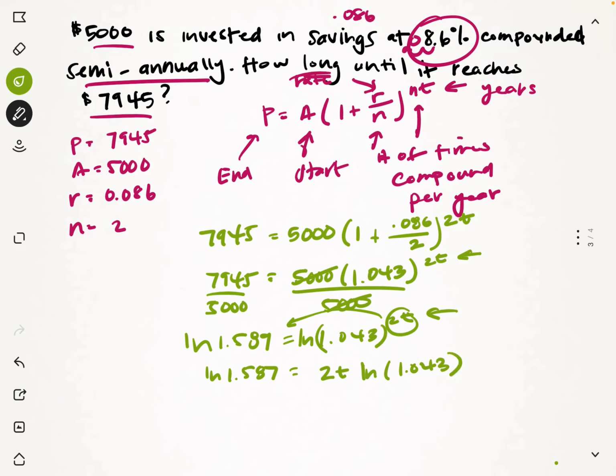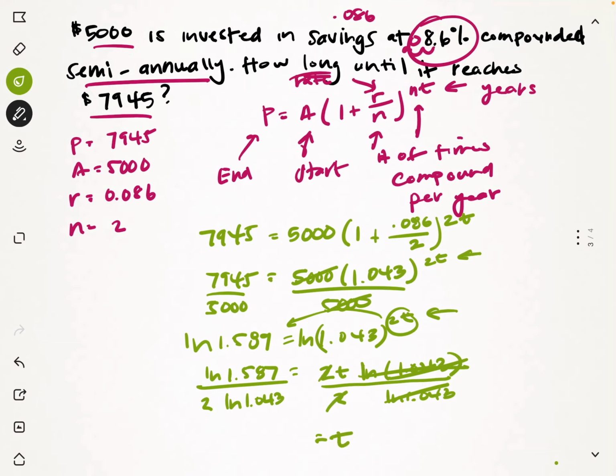And then we just want to get our t, and this is all multiplication, so let's do this all in one step. So we're going to divide by the 2 and the ln 1.04. These cancel, the 2's cancel, and then we should have our time.